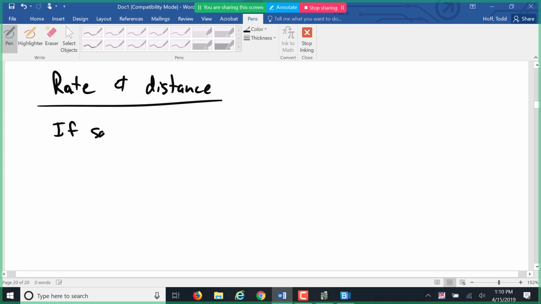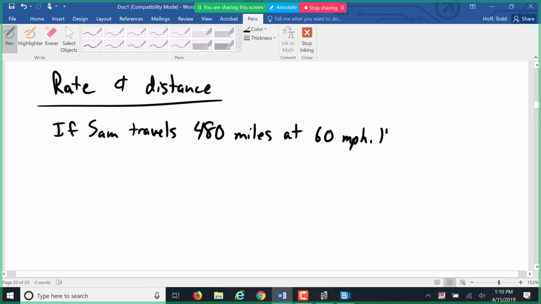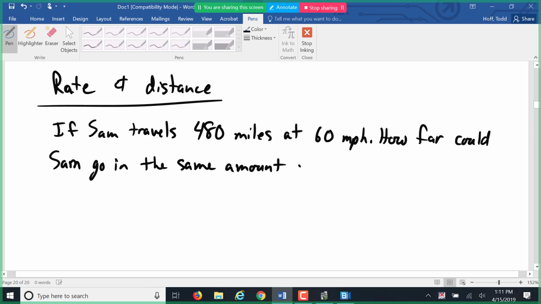You know, if Sam travels 480 miles at 60 miles per hour, how far could Sam go in the same amount of time at 70 miles per hour?